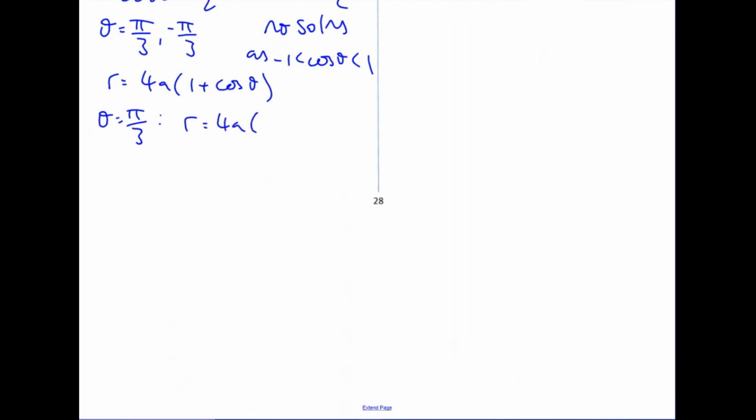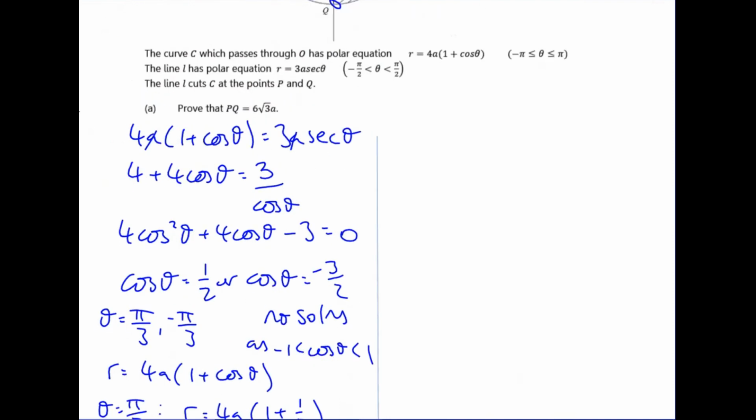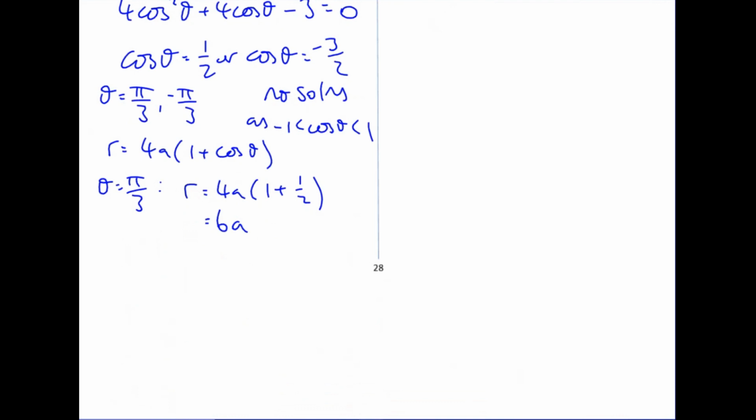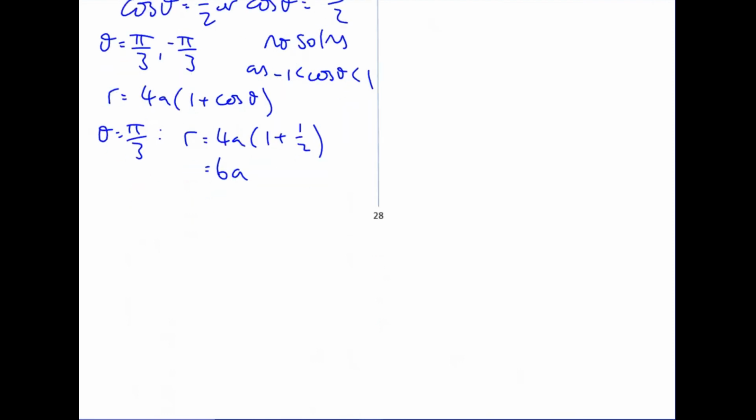So it's 4a times 1 plus a half, so that's 6a.